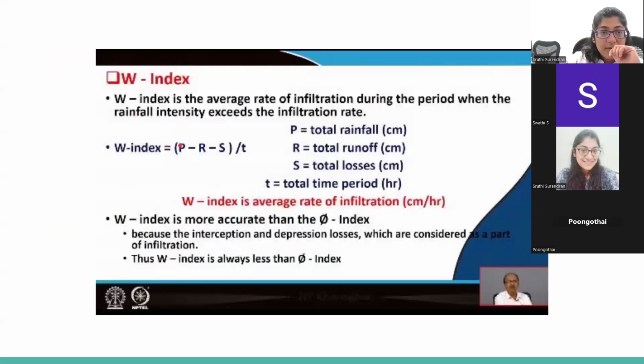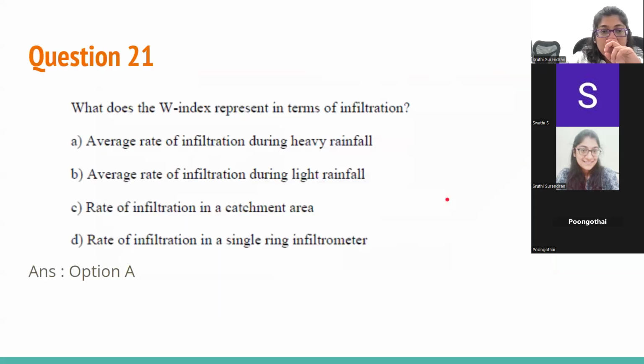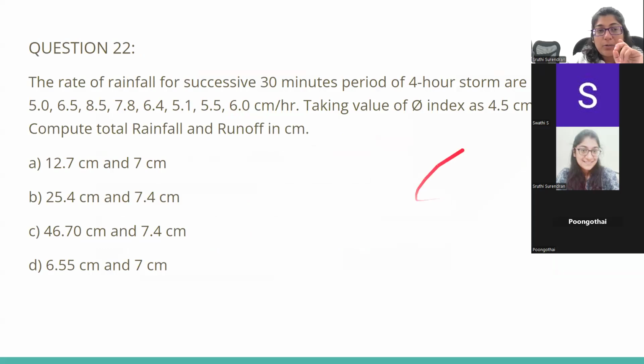The phi index formula is (P minus R) by T. The W index formula would not have the S value, but P minus R by T. P is in centimeters, R is in centimeters, and you get the index in centimeters per hour. Making use of that formula, please calculate the phi index. Every 30-minute period there is rainfall of intensity 5, 6.5, 8.5, 7.8, 6.4, 5.1, 5.5, and 6.